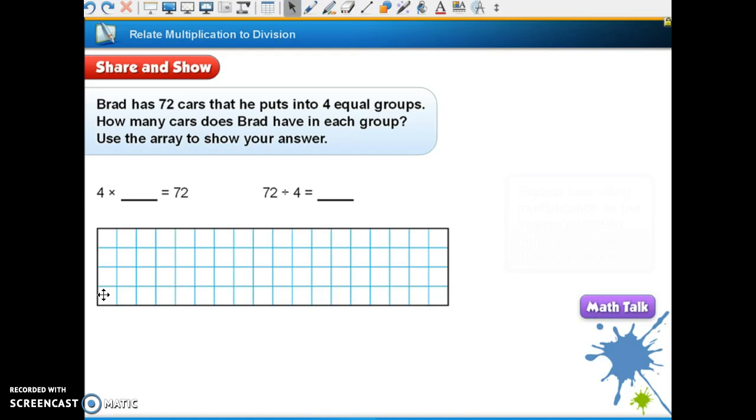So let's look at that. If you look at your array, you have 4 groups, and there are 18 in each group. So 4 times 18 is 72, and 72 divided by 4 is 18.